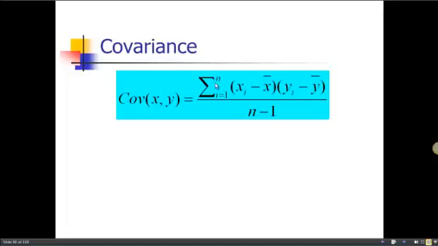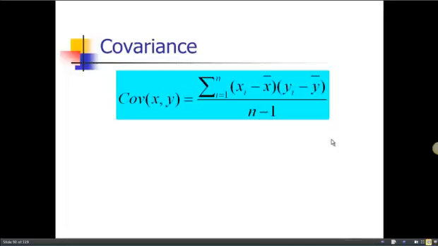We sum those products across every pair of x and y values, and divide by n minus 1 if we're treating this as a sample, and that gives us our covariance. If we were specifically designating this as a population, we would divide, of course, by n, as opposed to n minus 1. So that gives us our covariance.